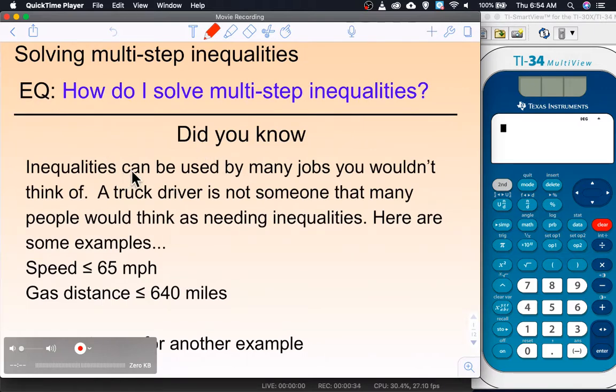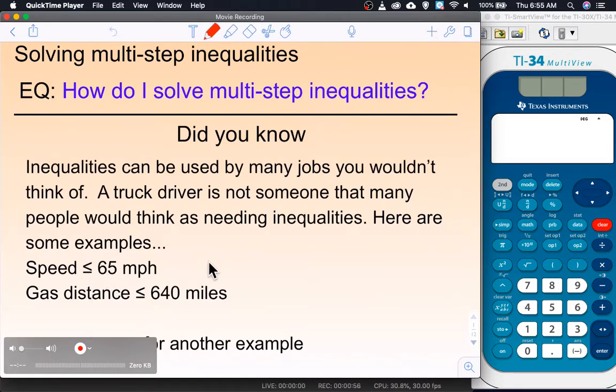Did you know that inequalities can be used by many jobs you wouldn't think of? A truck driver is not someone that many people would think needs inequalities. But here are some examples that they might need to know. The obvious one: their speed would need to be less than or equal to the speed limit. You're allowed to go under the speed limit, but you're not allowed to go over it.